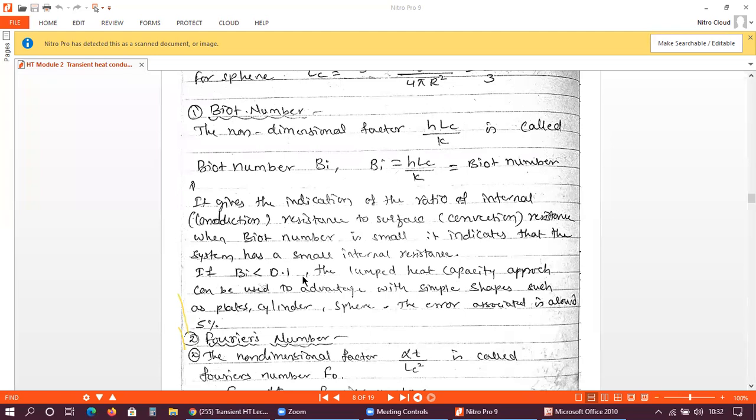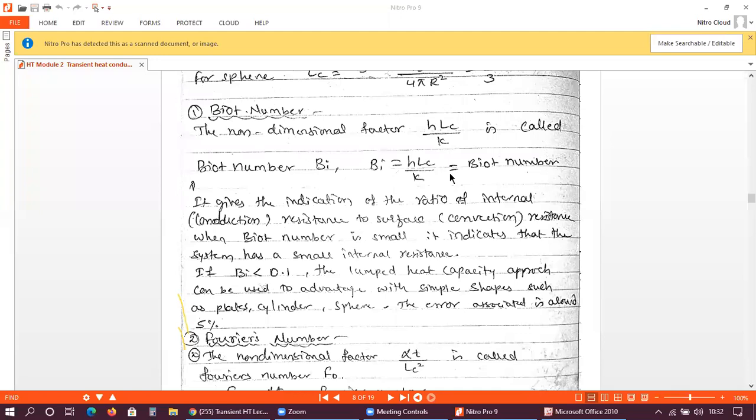For example, if you consider a ball, the surface temperature is somewhere around 300 degrees Celsius and the center temperature is somewhere around 250 degrees Celsius, so there is a temperature range from 300 to 250. Later on you will come to know the significance of this Biot number. So the first part is that you have to check this Biot number.